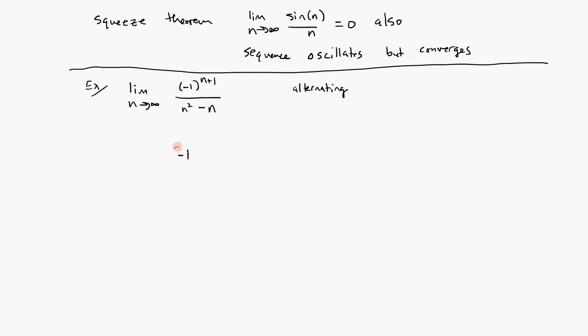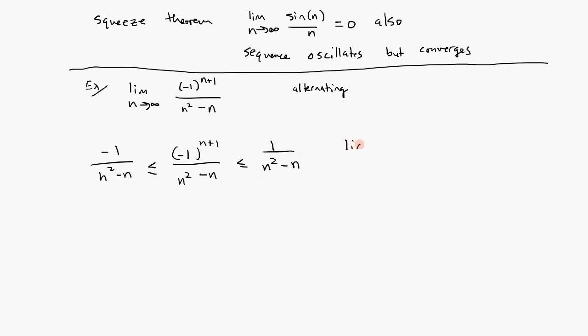So we have our original sequence. So we need to squeeze it between two other sequences. So the numerator changes between minus 1 and 1, right? So when it's positive 1, it's going to be this sequence, and when it's negative 1, it's going to be this sequence. So we're going to use these two sequences for the squeeze theorem.